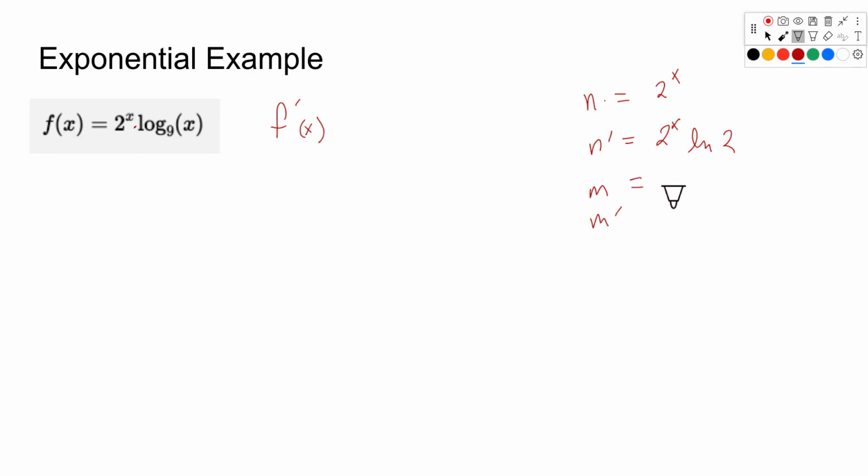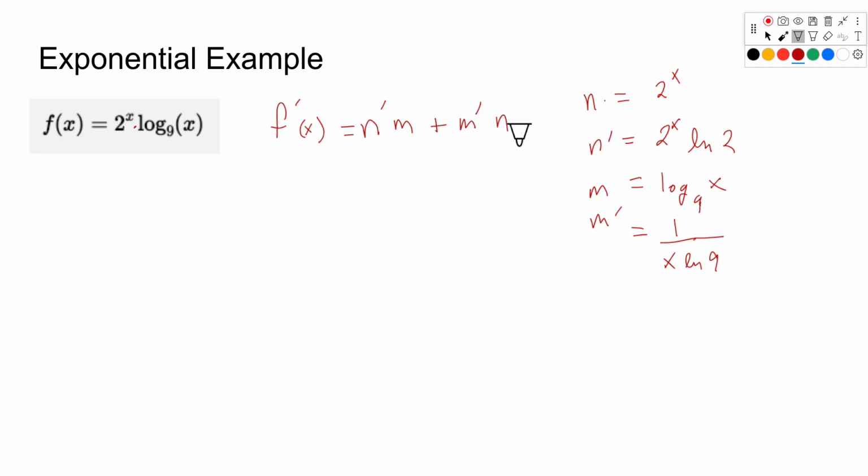m we're going to define to be the logarithm, log base 9 of x. What is its derivative? 1 over x, and then the natural log of 9. In that case, it's down in there with the derivative. That's where it gets a little tricky. So we've got that, and with the product rule, we just put our pieces together, right? I like to start with the derivative of n times m unchanged plus derivative of m times n unchanged.